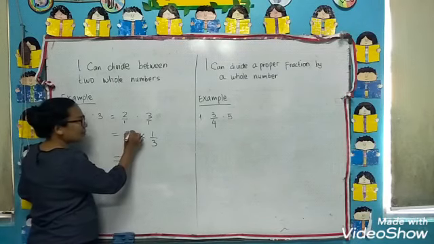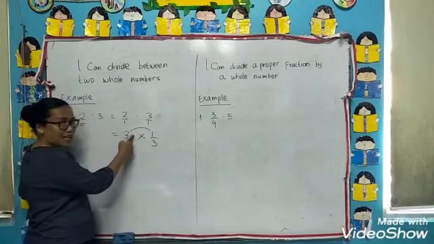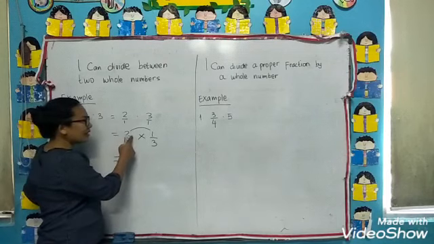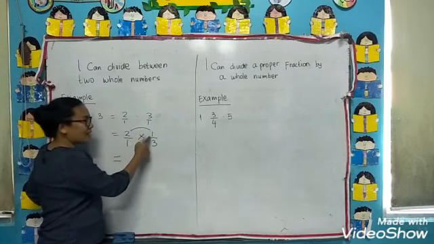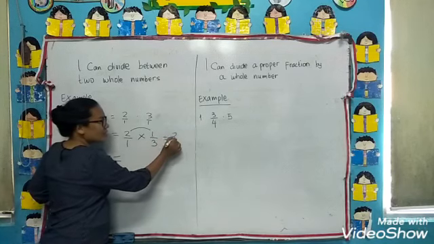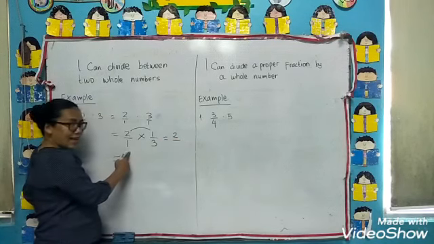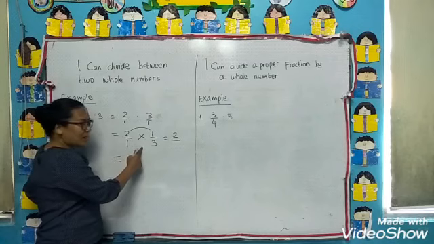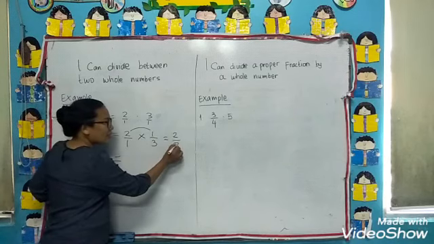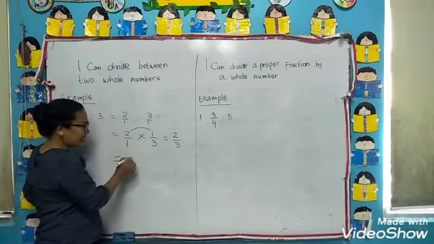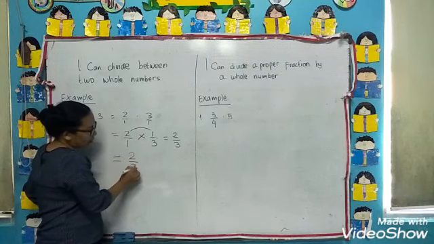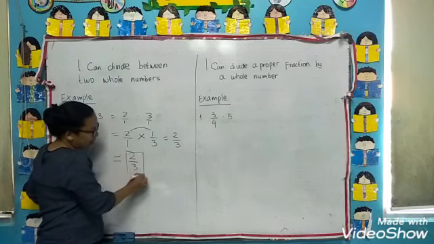Now we just multiply numerator by numerator, so 2 times 1 equals 2, and then denominator, 1 times 3 is 3. So we get the result 2/3. This is the final answer.